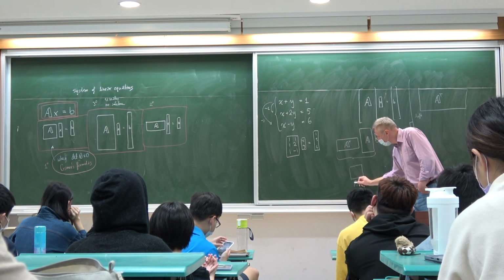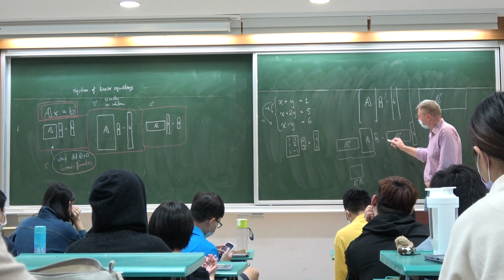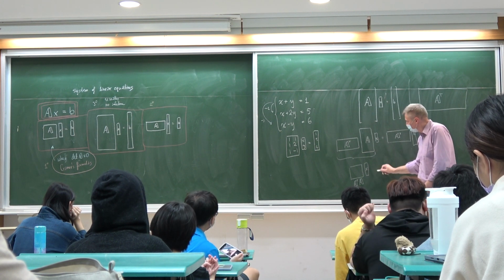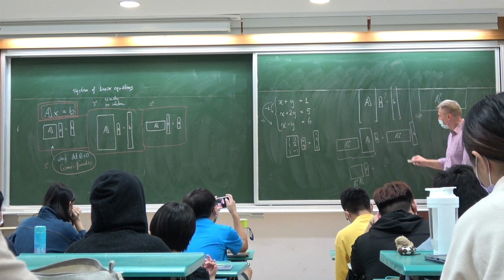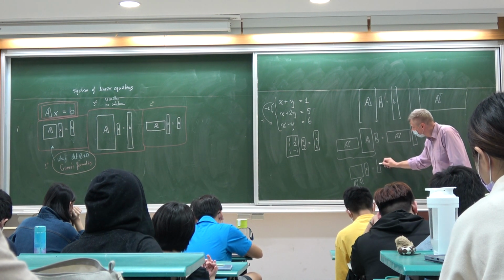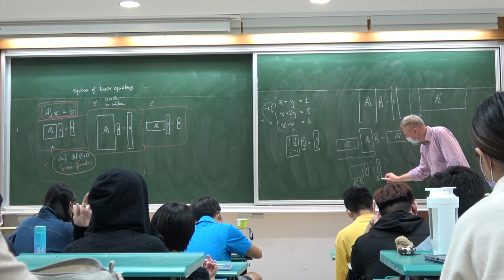This is the matrix A^T A. x is still the same x. And on this side, you have a vector obtained by this multiplication, A^T B.